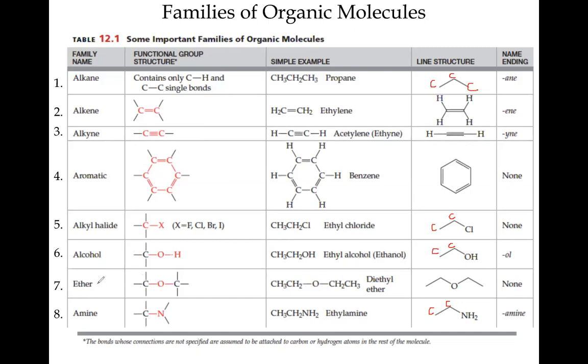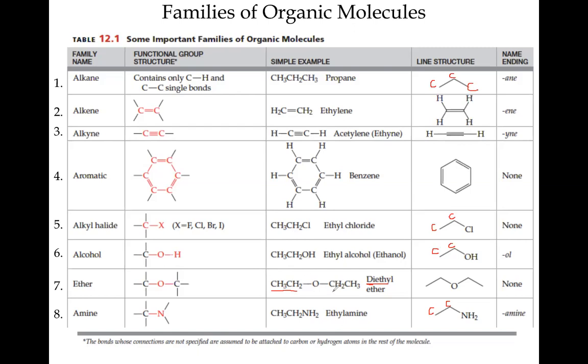Ether. Ether is an oxygen surrounded by 2 carbons. So a carbon-oxygen-carbon group. That's the functional group. So for instance, diethyl ether right here. It's going to be diethyl because there are two ethyl groups, right? Two carbons, 1, 2. So that's an ethyl group because methyl, ethyl.